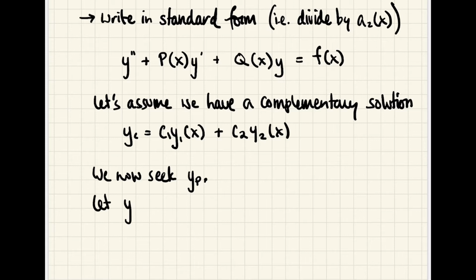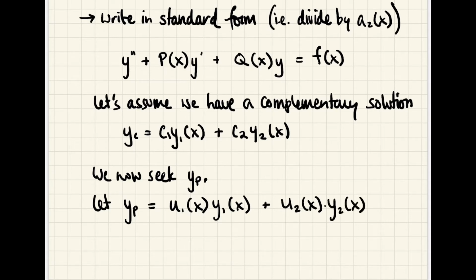So we're going to let the particular solution yp be some function of x, we'll call it u1, times the first solution, plus some function of x, call it u2, times the second solution. So these used to be the parameters c1 and c2, but now we're replacing them with variables.